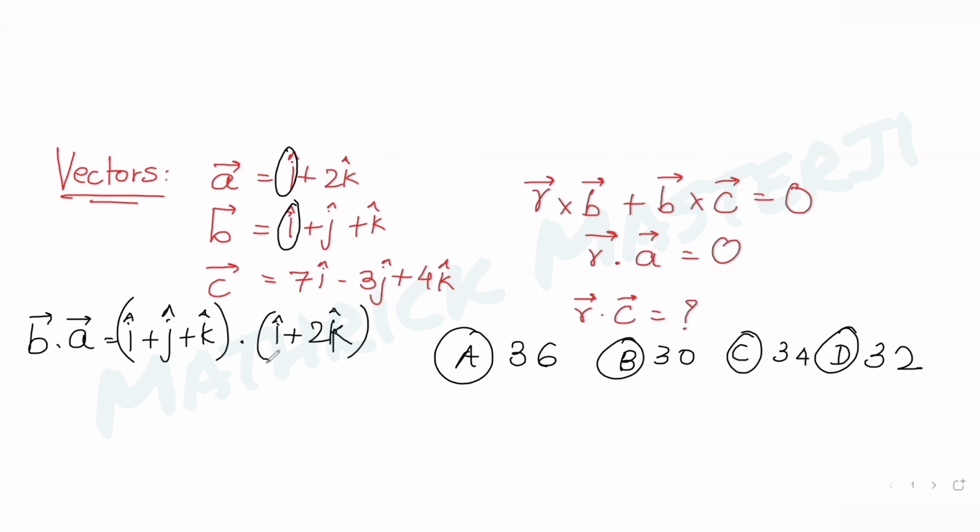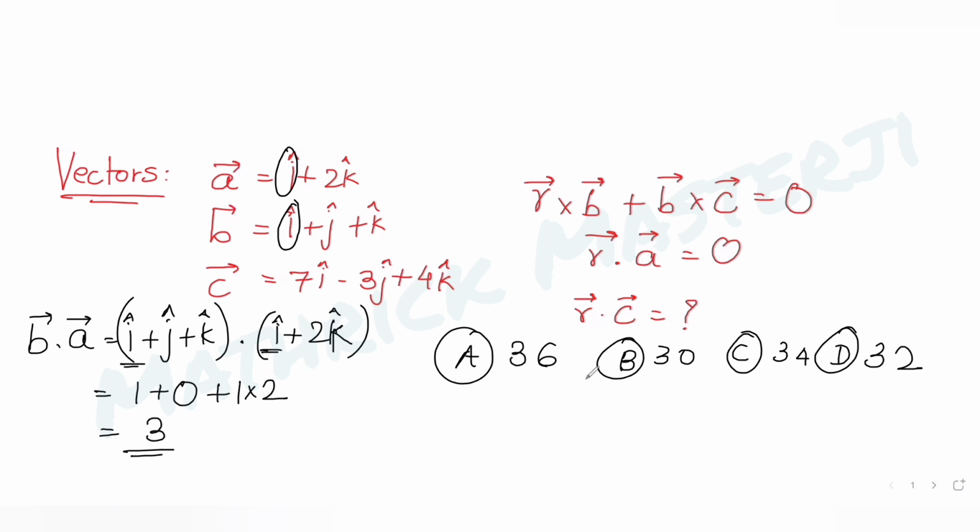For the same directions, i and i both have coefficient 1, so 1 into 1 becomes 1. Plus for j, you have 1 here, but nothing there, which means 0, so 1 into 0 is 0. And for k it is 1 into 2. So you get 1 plus 2, which is 3. So the dot product of vectors B and A is 3.